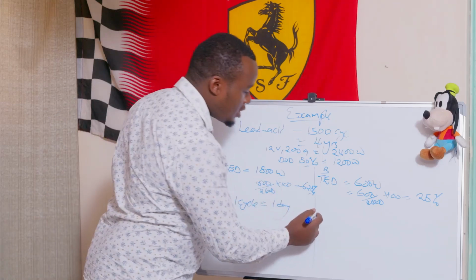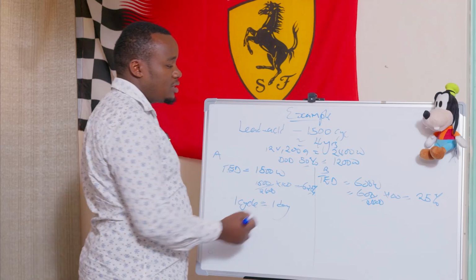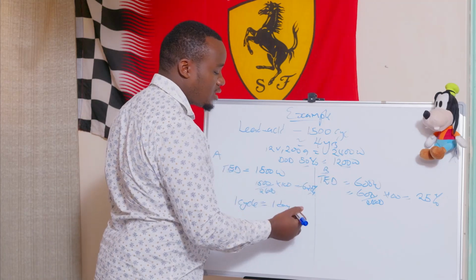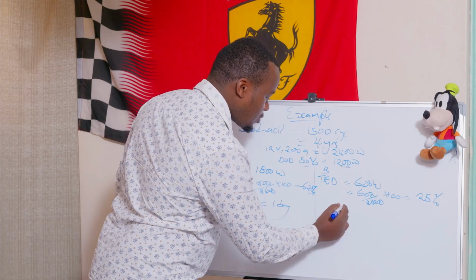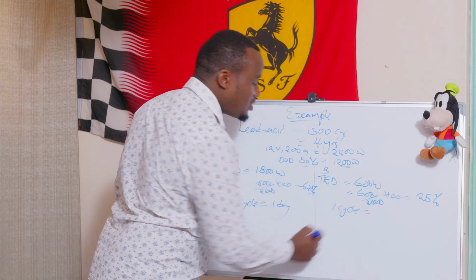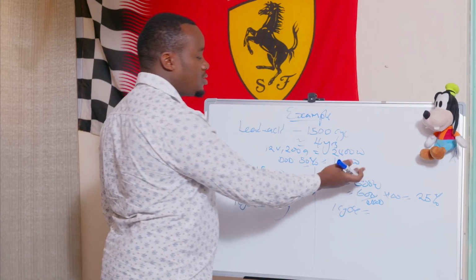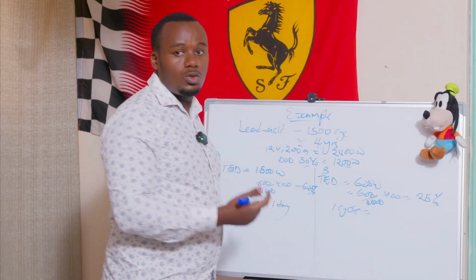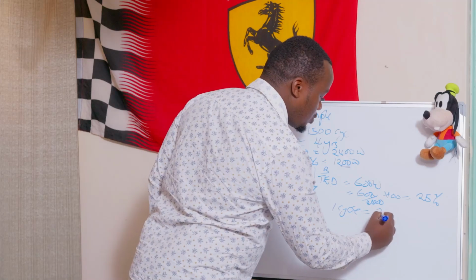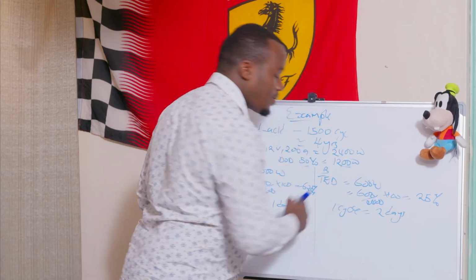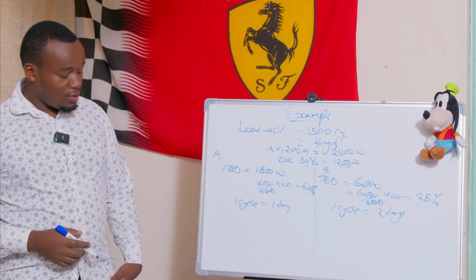But for this other person, for every time he charges this battery to draw 1200 watts from it, one cycle, the discharge and charging, is lasting 2 days. If he charges this battery today, he's going to use it today and tomorrow. So one cycle is 2 days.